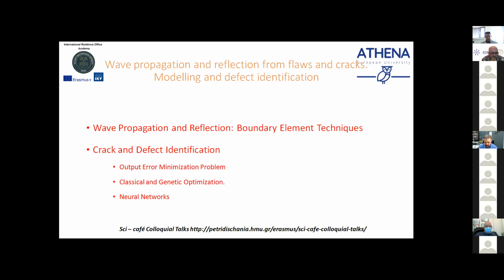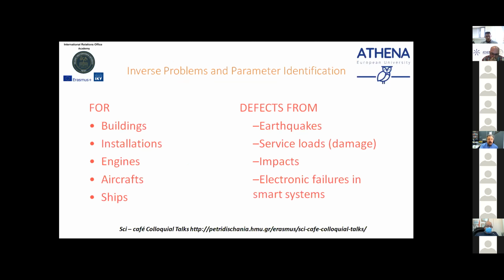I have the impression that some slide is not in the order here, but in any case, the model problem is crack and defect identification. We can formulate it by solving the direct problem by using finite elements or boundary elements, and we can calculate the inverse problem by using optimization or neural networks.